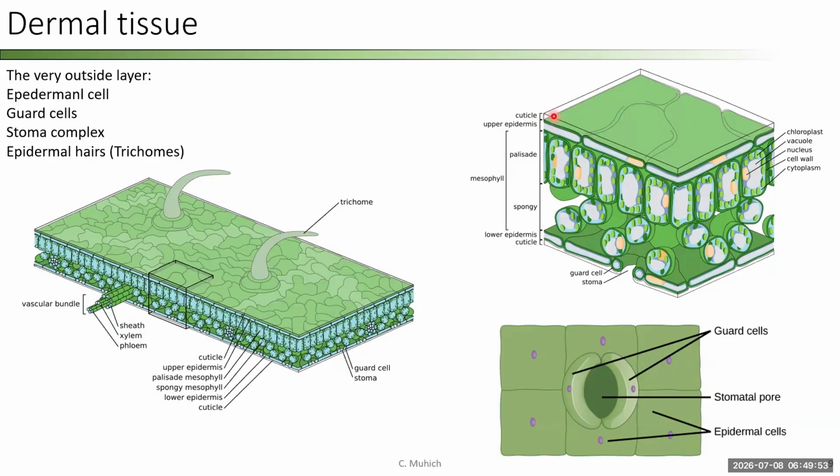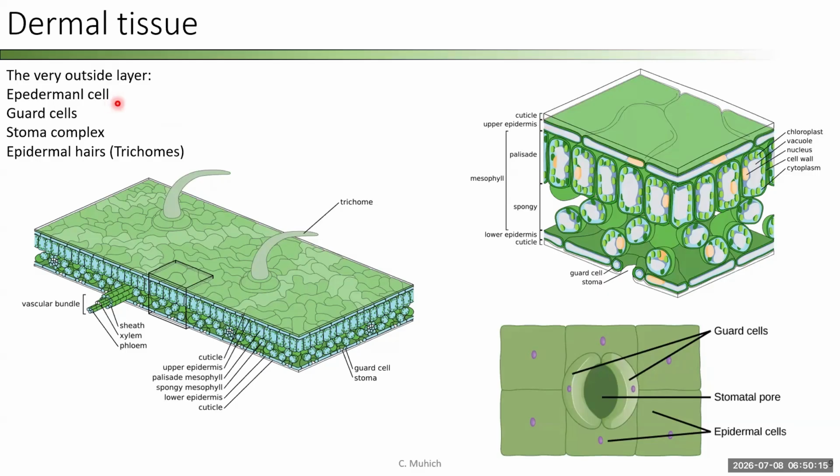We have our upper epidermis and cuticle. So these are our dermal tissues, but this mesophyll consisting of the palisade and spongy tissues and vascular tissues, right? That's our either vascular tissues or ground tissues. It's just this very thin layer up here.